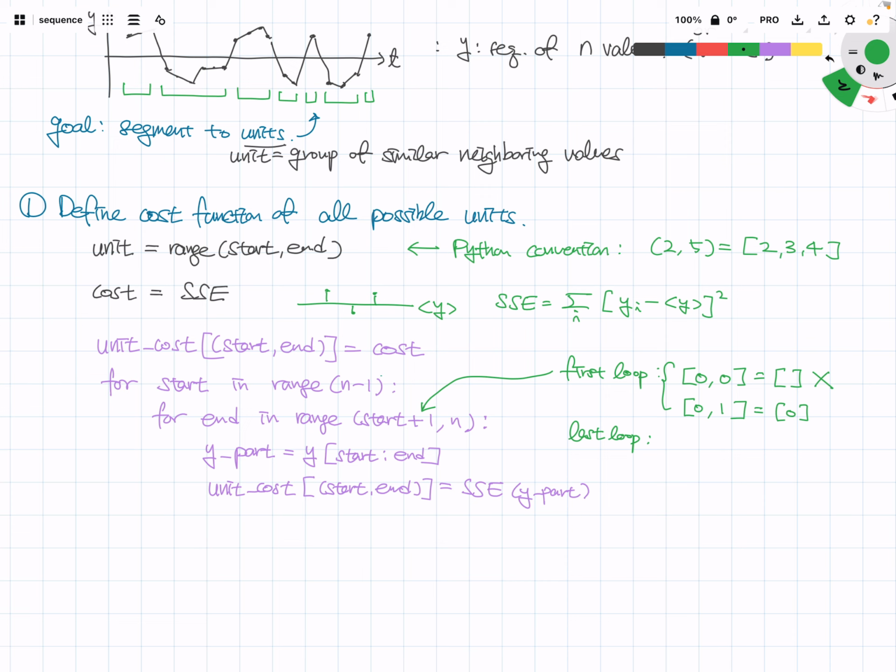If we don't have this minus 1 and the last start is n, the range is empty, so not good. With n plus 1, it will return n, but n is outside the range, because the last element is n minus 1. So start and end should be like this.